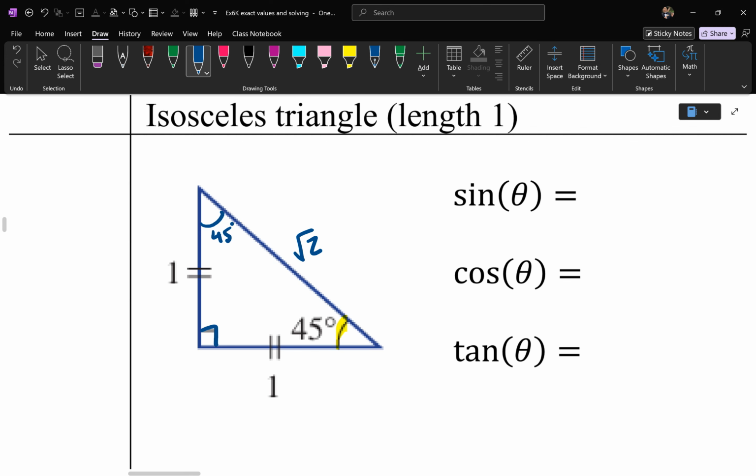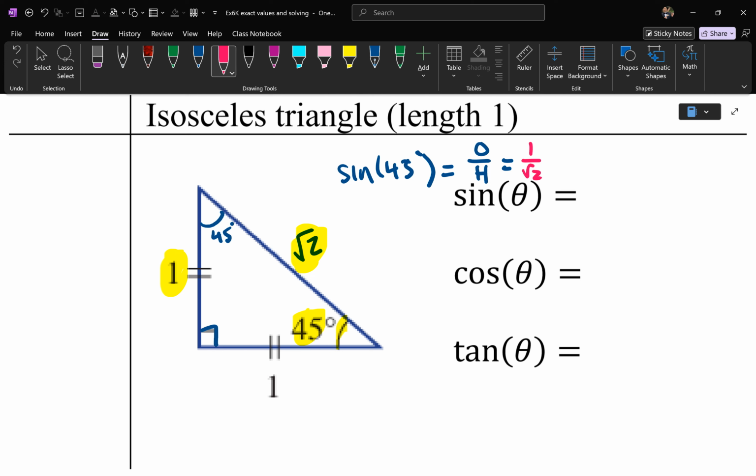Root 2. Okay, so therefore, if I said, what is sine of 45 degrees? That's opposite over hypotenuse. Let's say I take this 45 degrees here, then opposite is over here. So it's 1 over root 2. The answer is 1 over root 2.